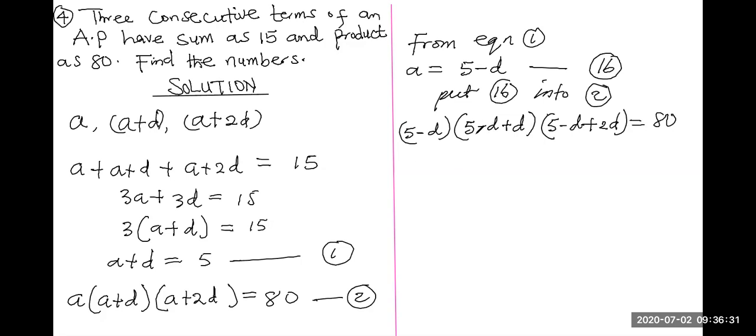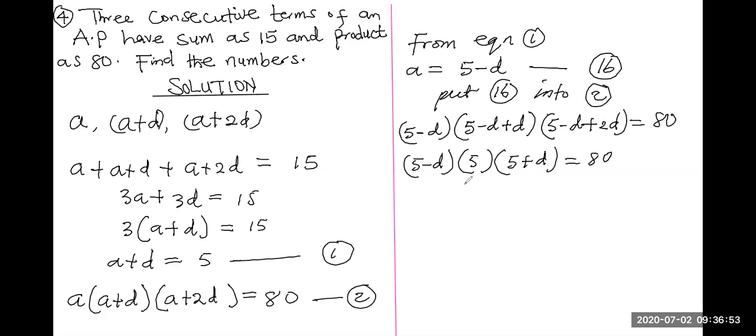When you simplify, minus D plus D cancels, so you have 5 minus D, multiplied by 5, multiplied by, minus D plus 2D gives D, so 5 plus D remaining in this bracket, equals 80.